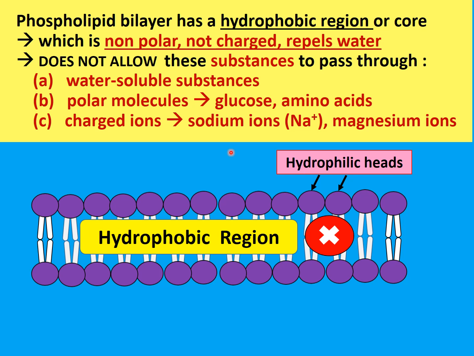As long as they are charged, they cannot go through this hydrophobic core here. It will prevent them from passing through because the hydrophobic core is unlike the charged substances. It is non-polar and not charged.